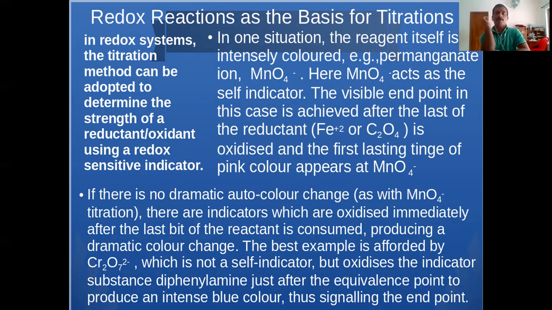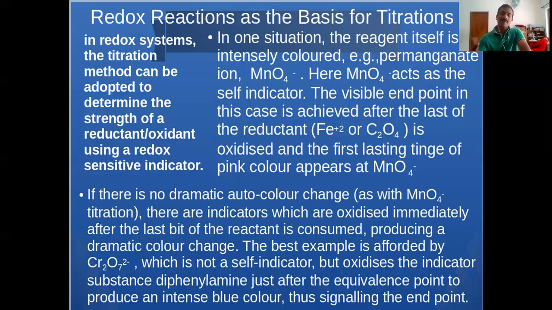That is the end point. So here potassium permanganate itself acts as the indicator. Or we can say potassium permanganate is a self-indicating solution. In your practicals, when you do permanganometry, it will be clear to you.